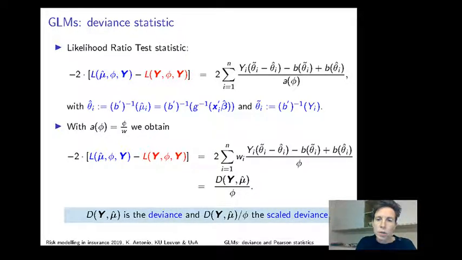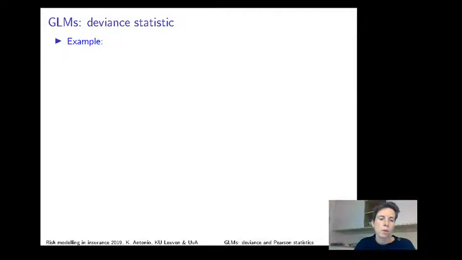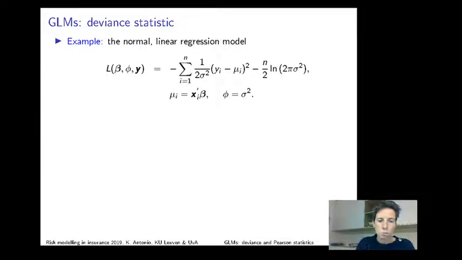Now, before moving on with discussing other useful statistics and inferential tools based on these, you will derive here the deviance and the scaled deviance test statistics for one particular example of a generalized linear model, in casu the normal linear regression model. So the log likelihood as a function of the mean mu_i of observation i and variance parameter sigma squared is printed at the top of the sheet.